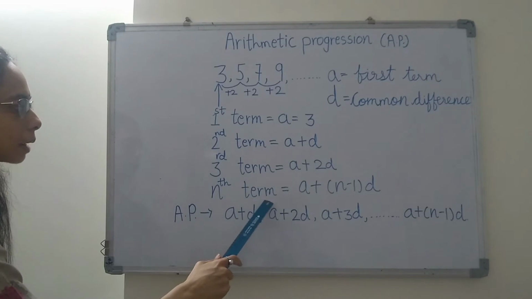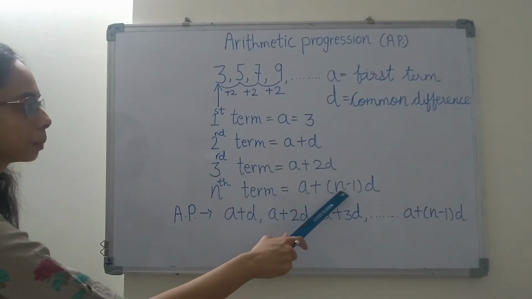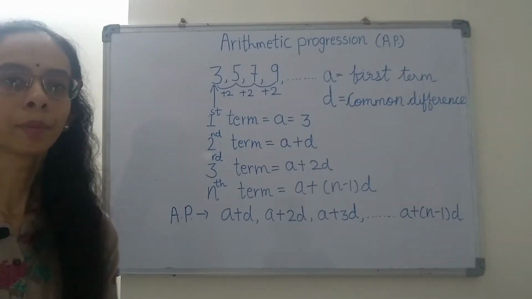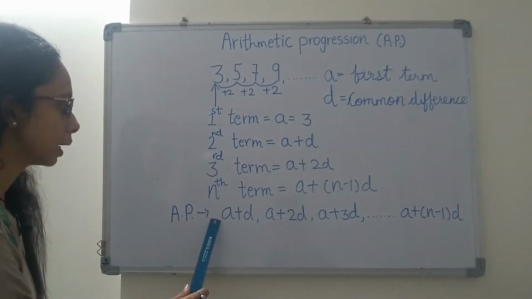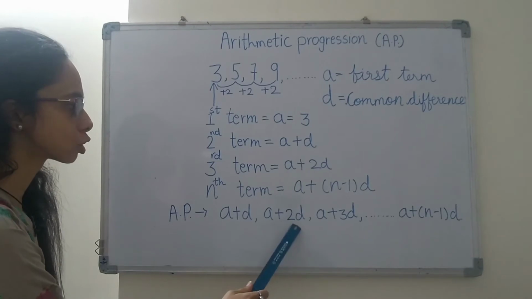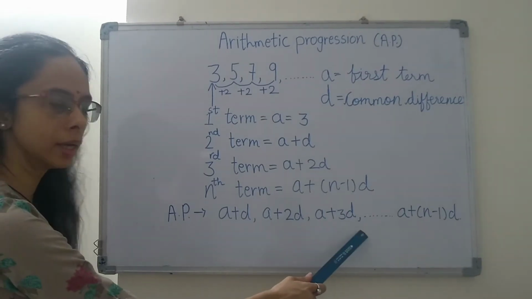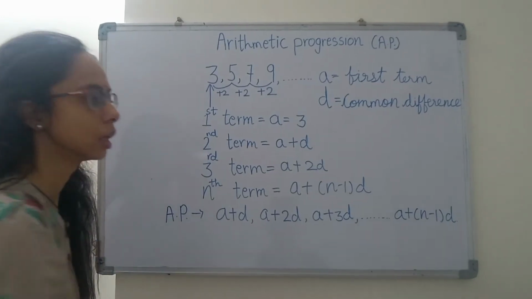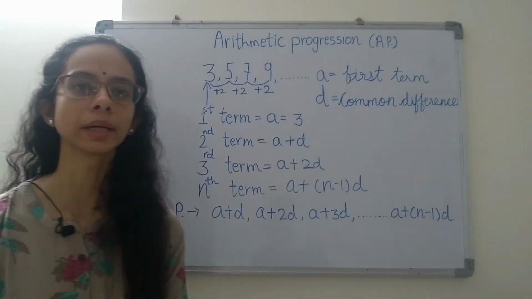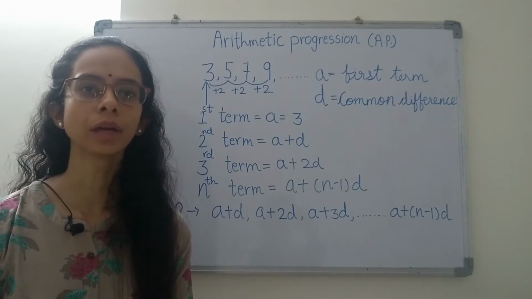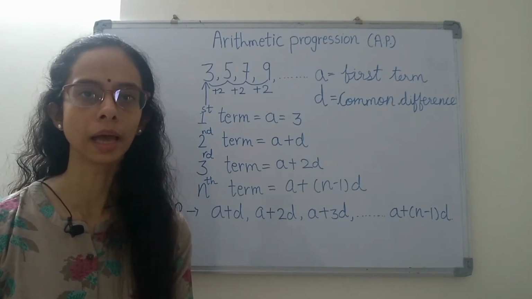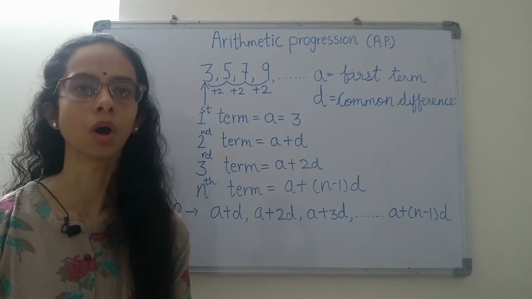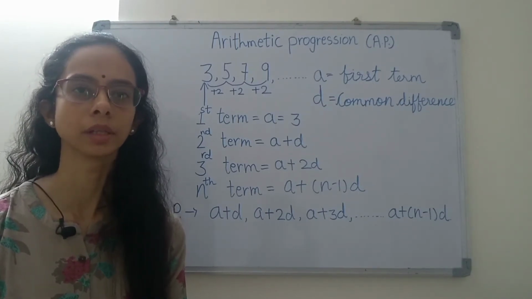So the nth term can be written as A plus n minus 1 into D. Now the progression of the form A plus D, A plus 2D, A plus 3D up to A plus n minus 1 into D is also considered as arithmetic progression. Till now we have learned the theory of arithmetic progression. Now we are going to solve the questions of arithmetic progression series.